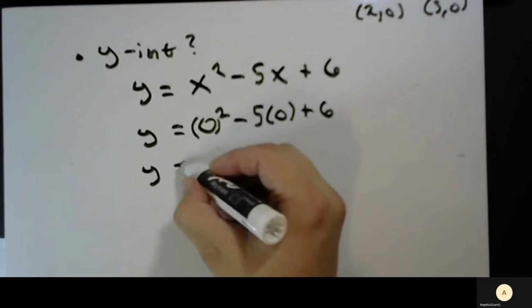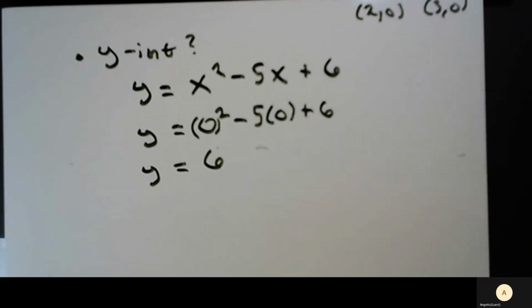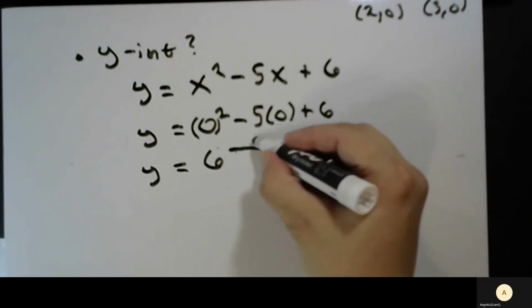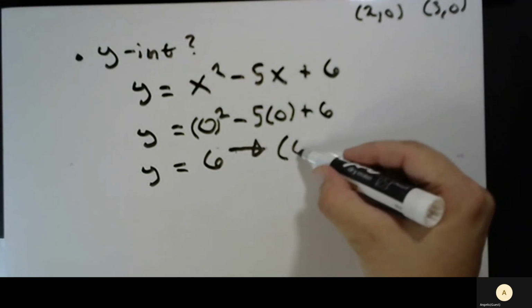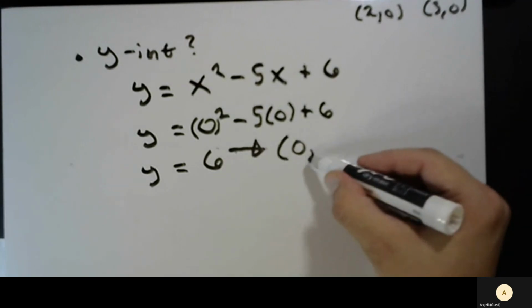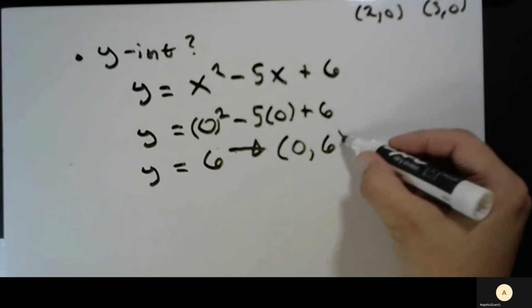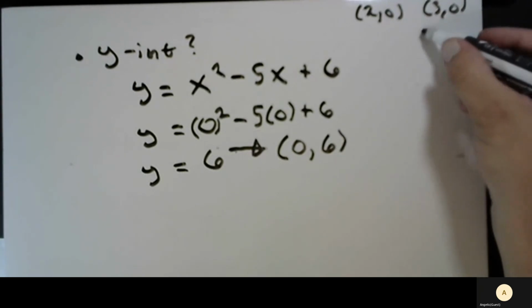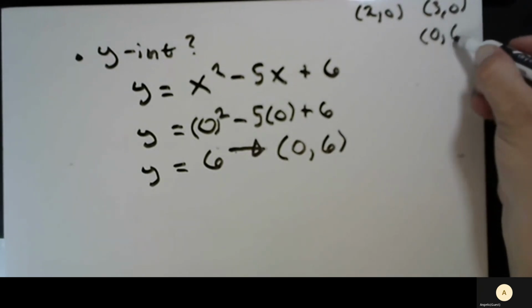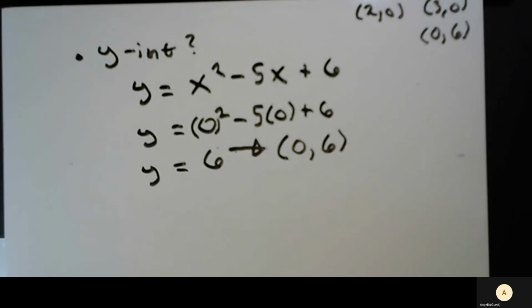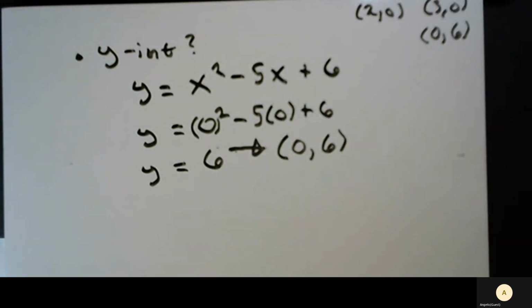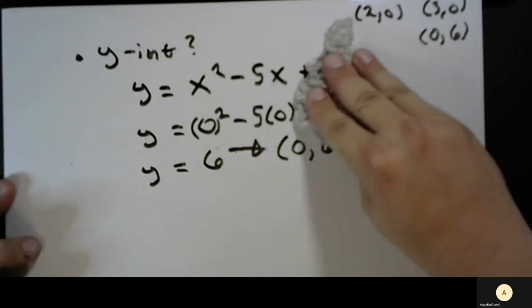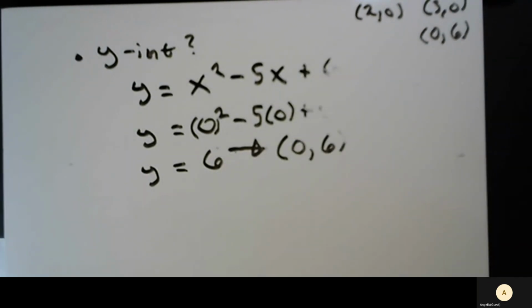And so once again, we're going to get y equals 6. So since x was 0, it's going to be 0, comma, 6. I'm going to put this over here. So we have the x-intercepts. We now have the y-intercept. Let's find the vertex. So any questions about that?